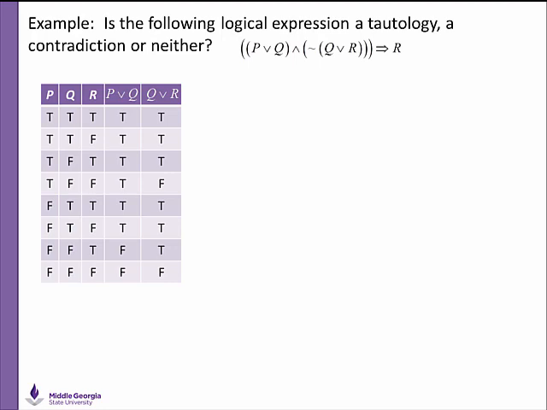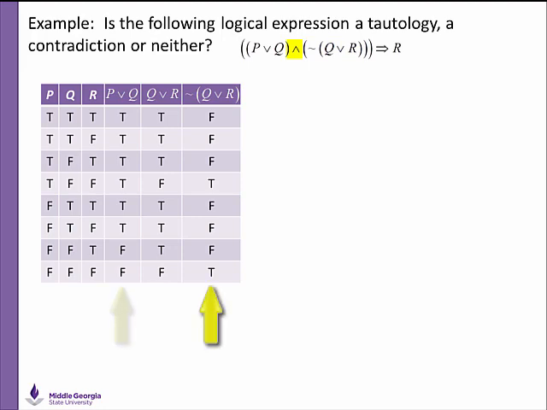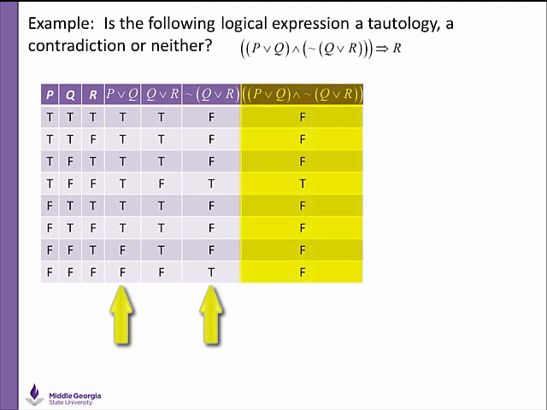But we don't need Q or R, we need not Q or R, so we reverse the truth values of Q or R, and now we're ready to take the conjunction of that with P or Q. That'll be true only when both parts are true, and that's only the 4th row.